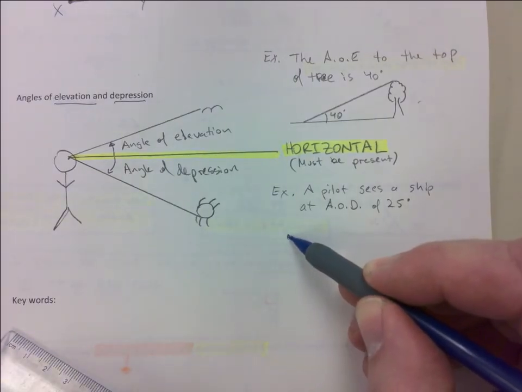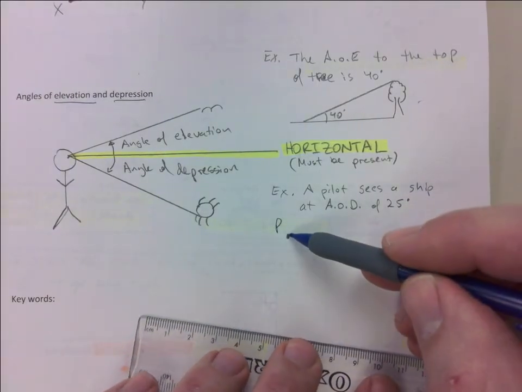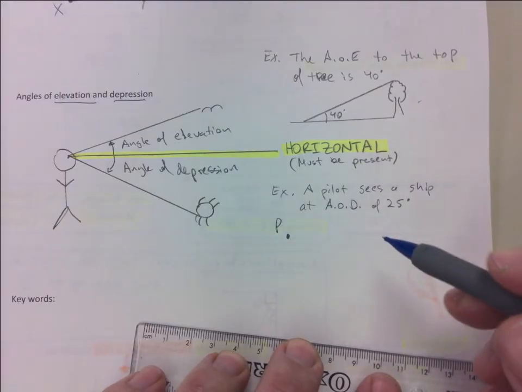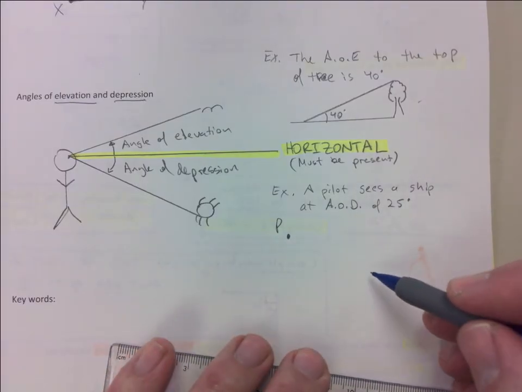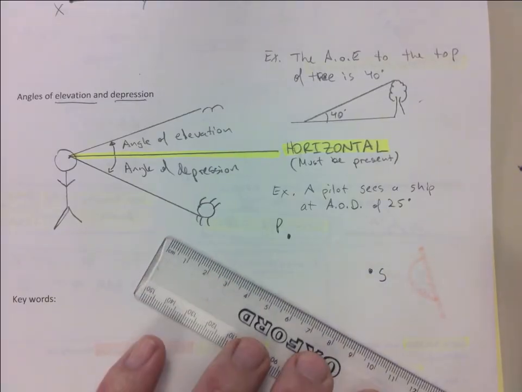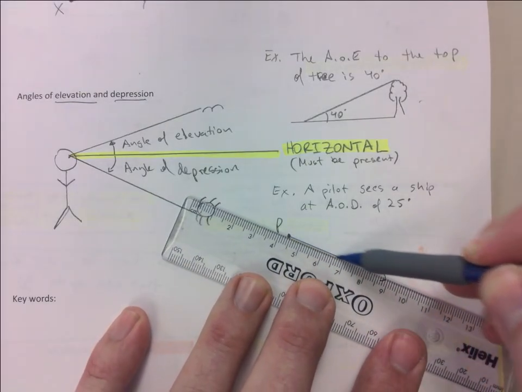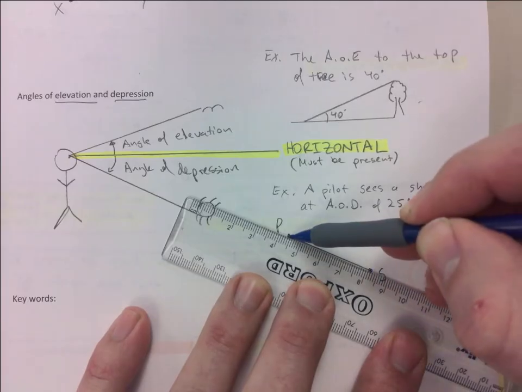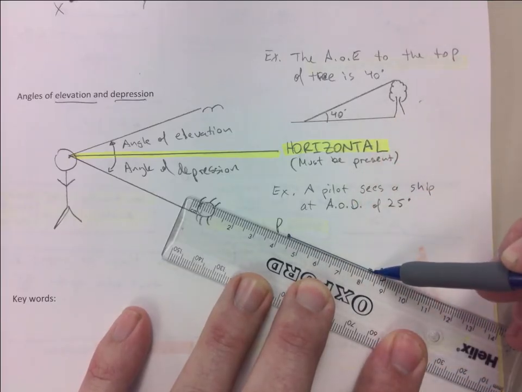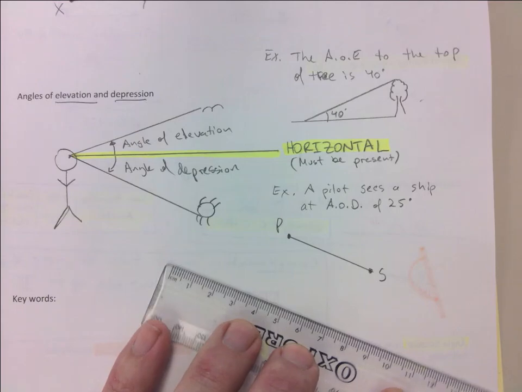This is the pilot. Let's call that P. And where's the ship? Usually down, right? If you're a pilot, usually the ship is down, in my world at least. I think everybody would agree this is where the pilot is looking, correct? You're flying up here, looking down. But remember, where do we start measuring the angle from? Horizontal, right?